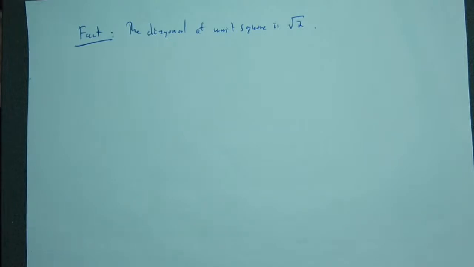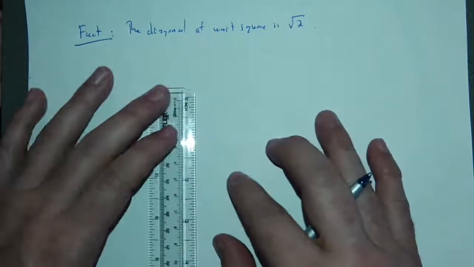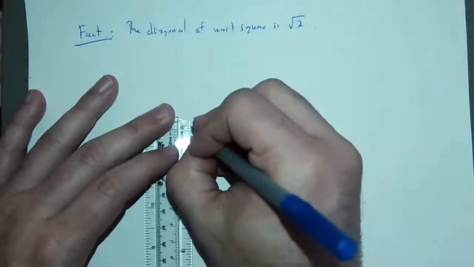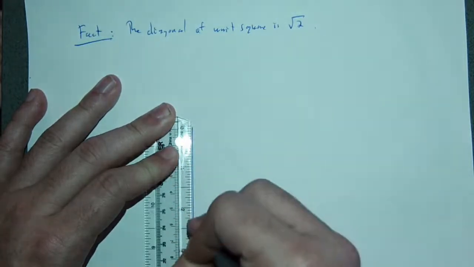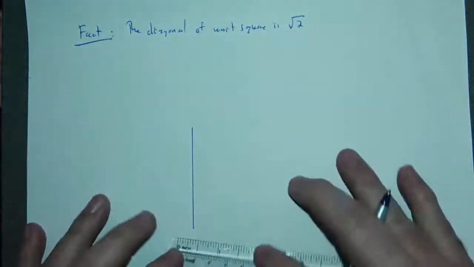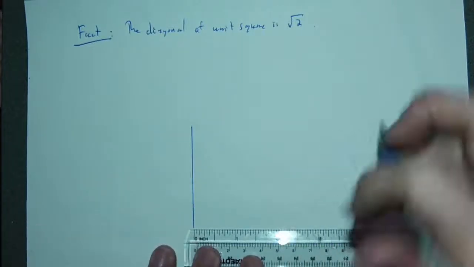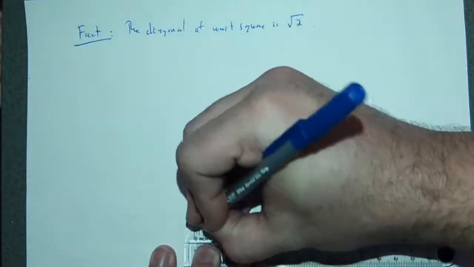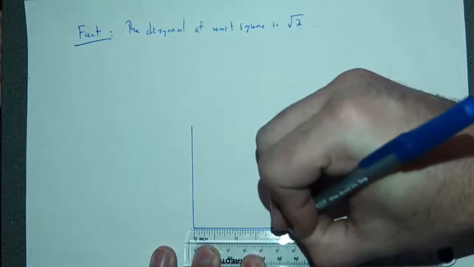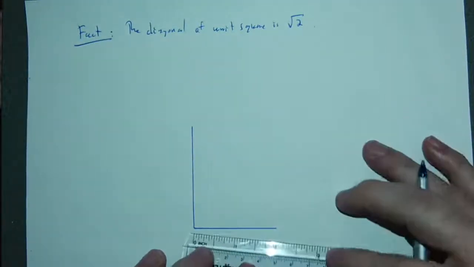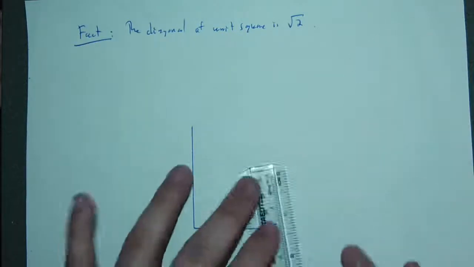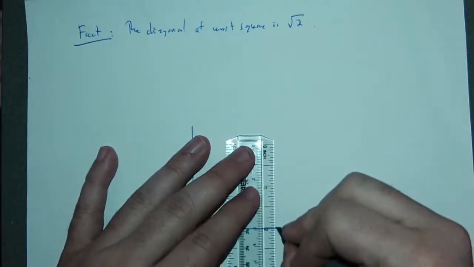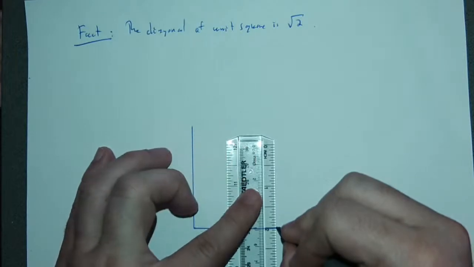Okay, so let's draw a unit square here. I'm going to call it a unit square, even though, as you can see by me marking off with this straight edge here, I'm cheating.